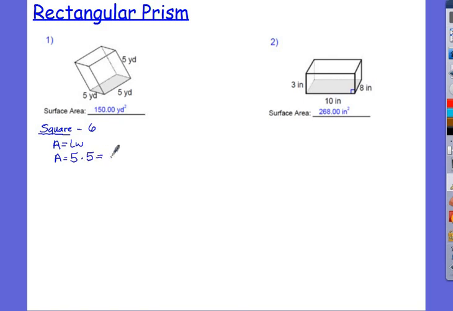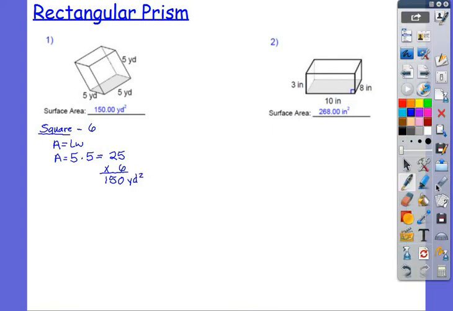And my area of one square would be 25. But how many squares do I have that size? 6. So I'm going to multiply that times 6, and I get 150 yards squared. And I can highlight that and be done with it. So that's how easy cubes are.